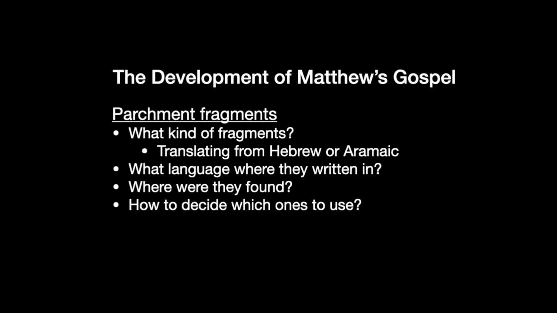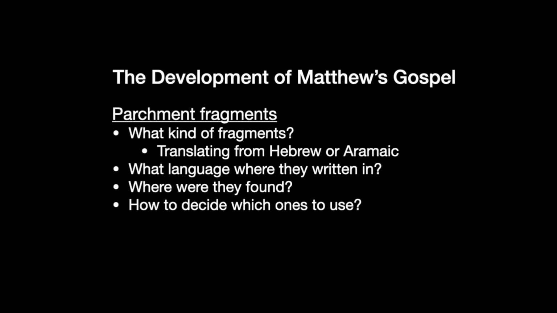These fragments that we're talking about are very interesting. There are many, and perhaps we'll go into a couple of them and why they're important, and how you decide which ones we use. That's going to be another decision that translators have to make before they start putting together their translation of the Bible, because you have to decide which one is the most accurate, which one is the most authentic.